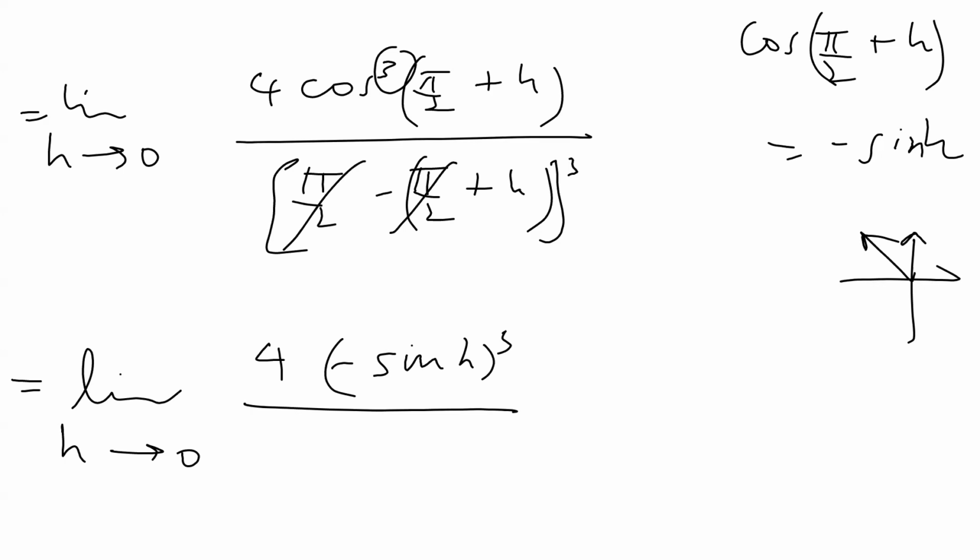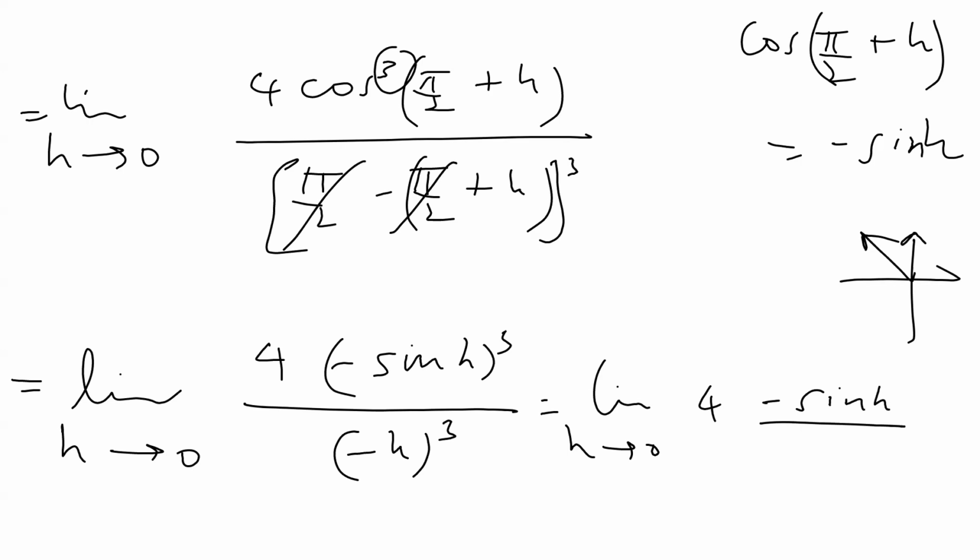This pi by 2 and pi by 2 is gone, so minus h the whole cube. Limit h approaching 0, 4, minus sin h, I'll group the cubes. Minus sin h upon minus h the whole cube.